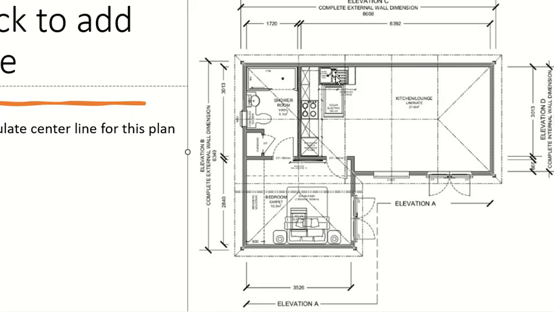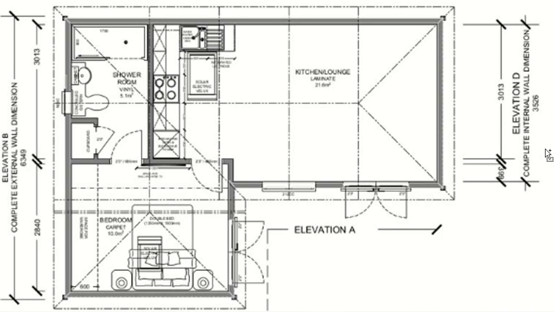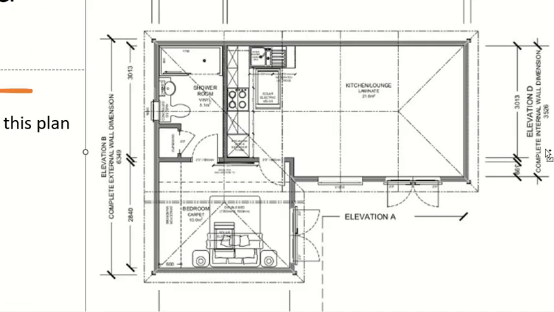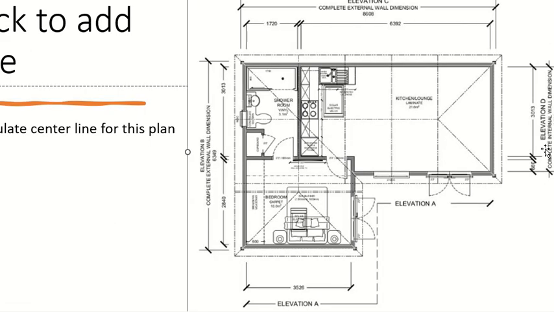Say again, is it 3015? 3013 and something else, 399. 3013 plus 399, how much? 3412. But this is only internal.